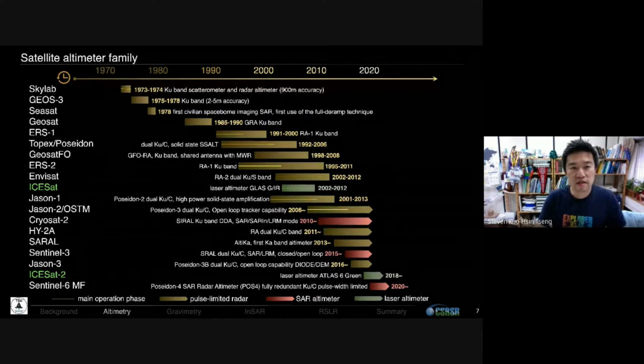So basically, this is a timeline of the altimeter family. You can see that since some 50 years ago, there are almost no gaps between missions. Because when we want to decompose the periodical signals in the sea level time series, we need a very continuous record with no gaps in between.